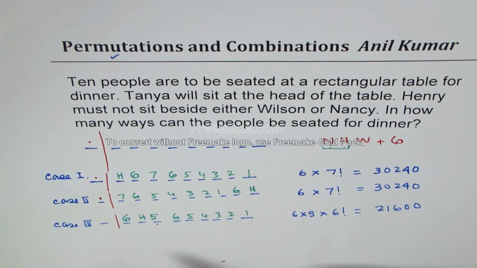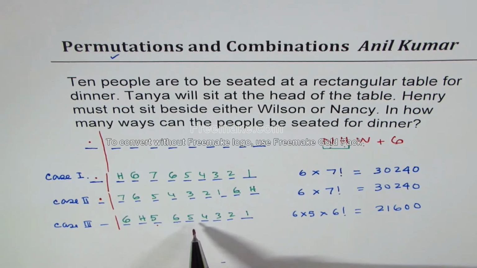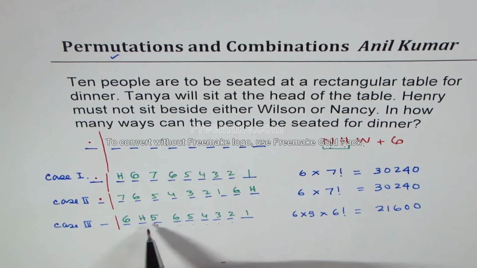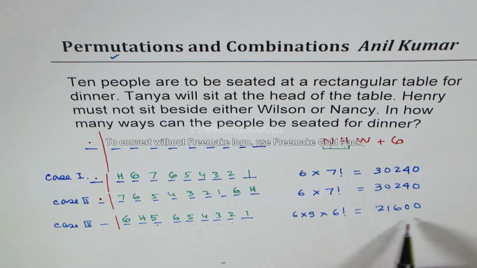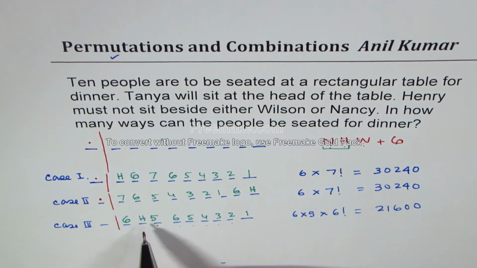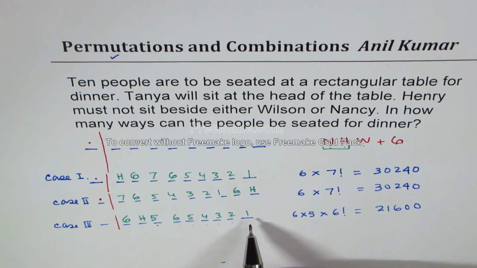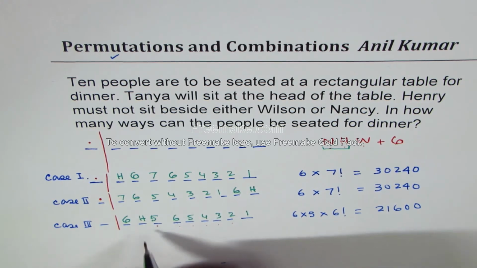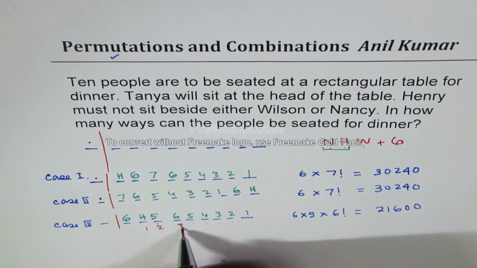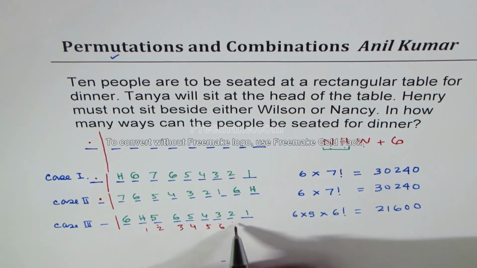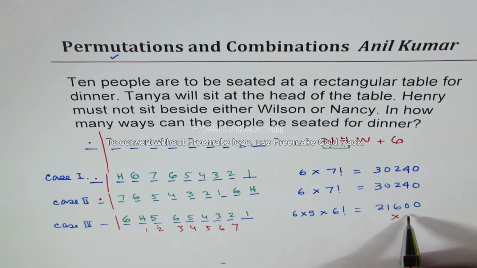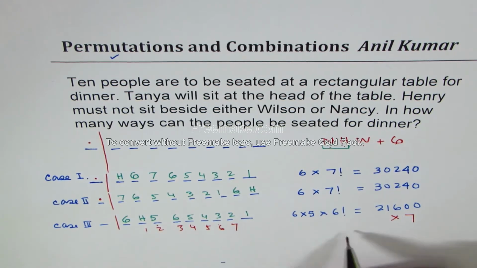If Henry sits in this position, situation is same, right? All these positions, situation is similar. So those will be the combinations for Henry being seated not in the beginning or at the end of these 9 people, correct? How many such positions are there? 1, 2, 3, 4, 5, 6, and 7. Therefore, this number should be multiplied by 7 for all those positions, correct?